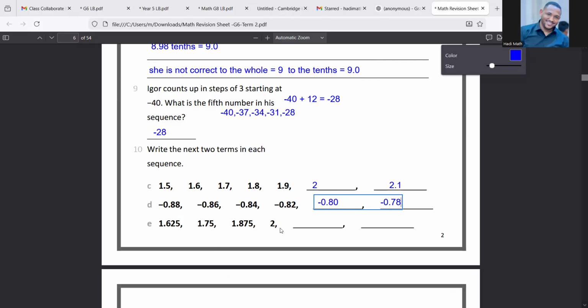This is 1.625, 1.75, 1.875, then 2. You could see what every time they add. Or if you don't know, the best way is, if the numbers are increasing, take any two terms and subtract them from each other.